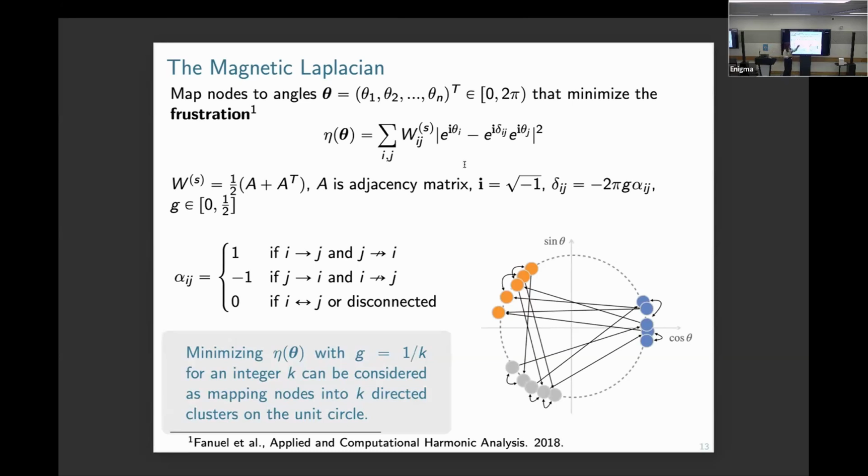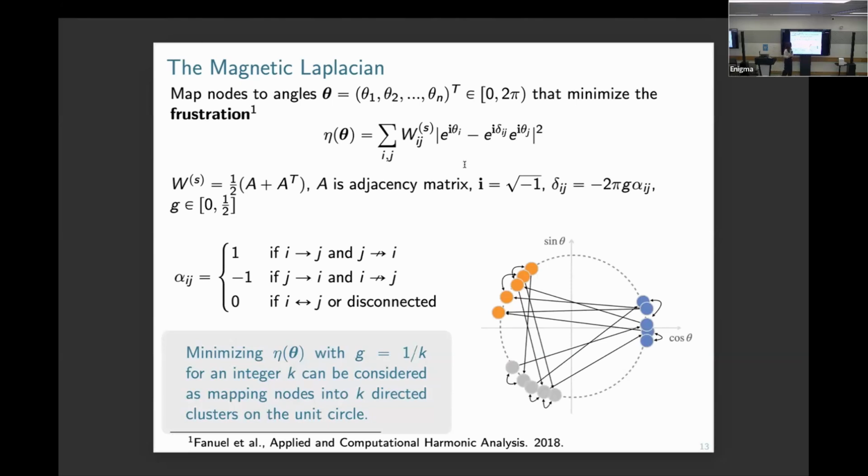Then we calculate the shifted square distance between two nodes, where there's an offset delta_ij. The delta_ij is defined as -2 pi g times alpha_ij. g is a constant that gives you the distance between the clusters.